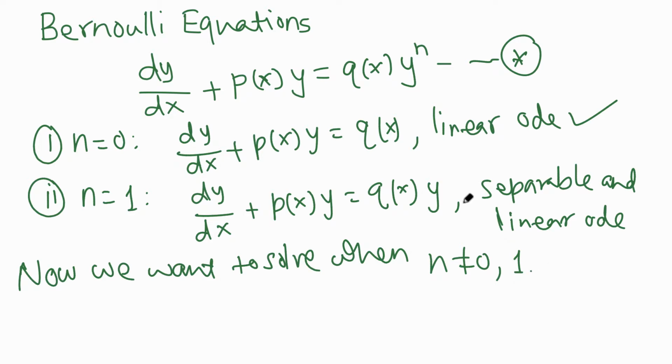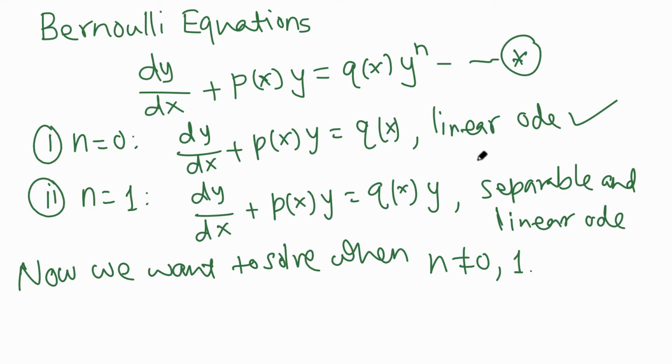This is non-linear in this case, and obviously not separable. Now we can make a nice substitution, one smart substitution which was done by Bernoulli. Then we are able to reduce this into a linear ODE, and we know how to solve that.